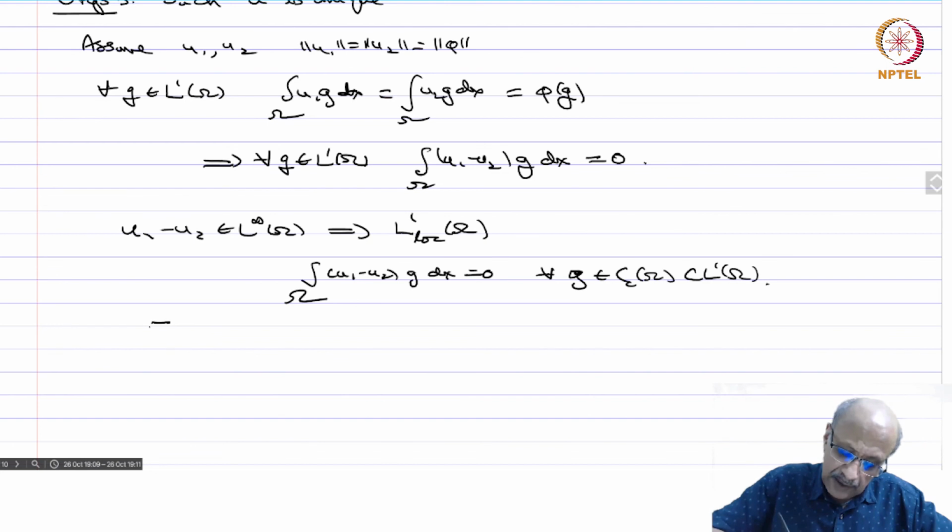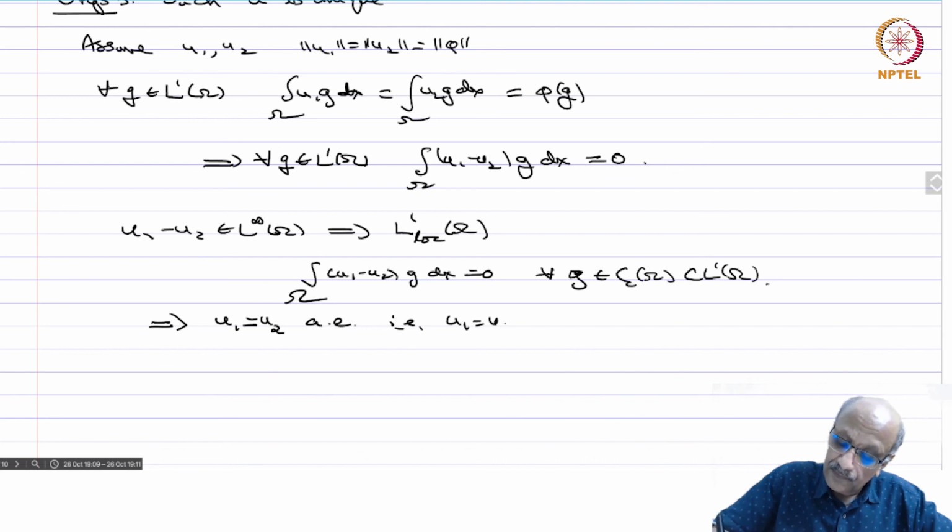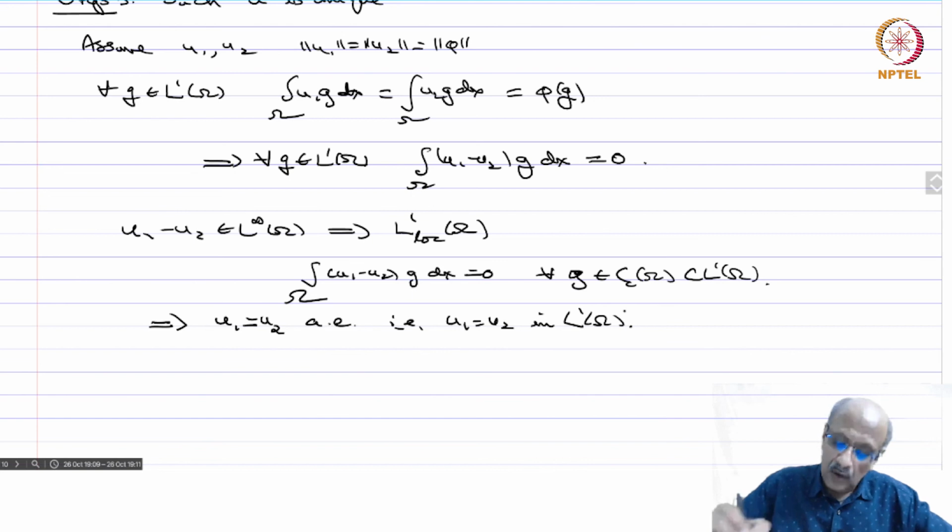And therefore by our previous proposition which we proved, this implies that u1 equal to u2 almost everywhere, that is u1 equals u2 in L1 of omega. So the mapping phi going to u is well defined.